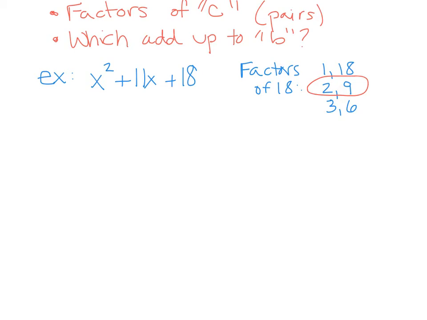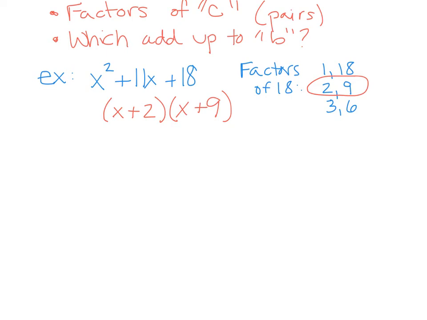So we write this as the product of x plus 2 times x plus 9. Remember, if we FOILed this out, we would see that it multiplies to give us that problem.